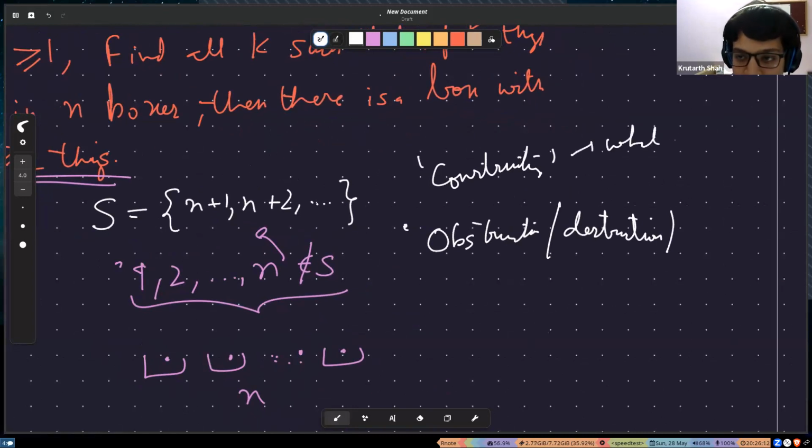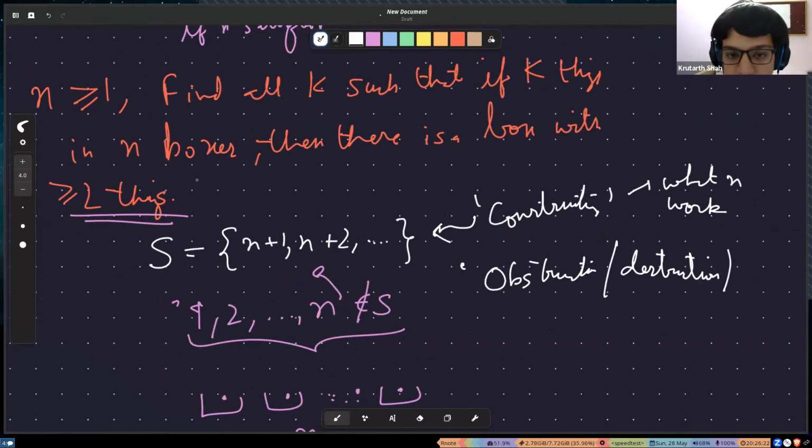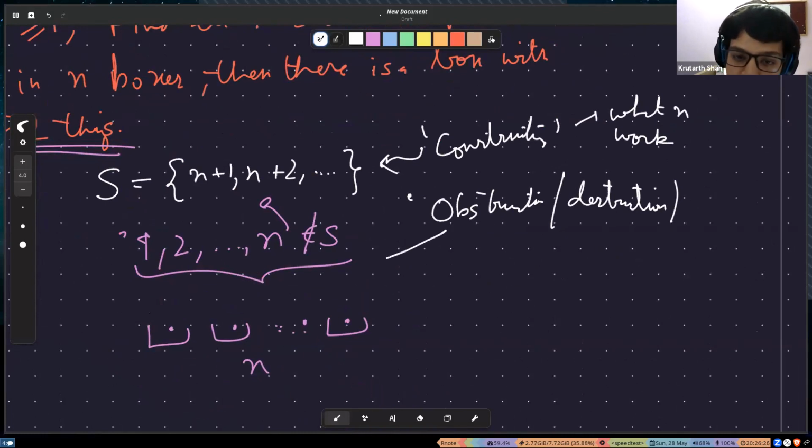So this is the part where you show which n work. So for example, the construction here would be for this set. So you showed that for k equals n plus 1, this condition is satisfied. And the obstruction would be, for what k this does not work.